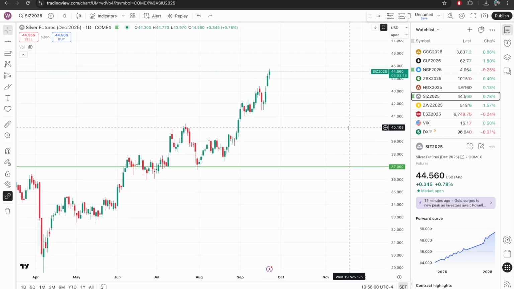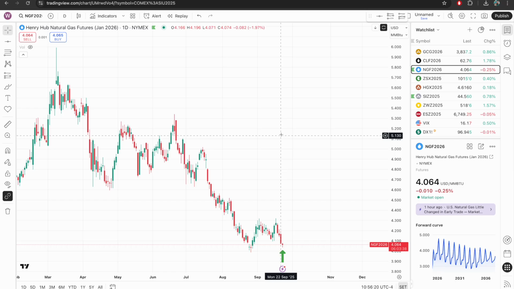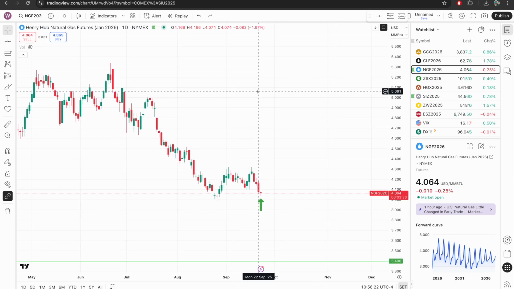And let's look at silver. So silver is clearly on an uptrend, very easy to spot, right? And again, this is all logical. I'm working just as simply as possible, and it just works. This is the only way that you can really trade, right? So silver is an uptrend, and natural gas, I'm not sure exactly what's going on as of yet.